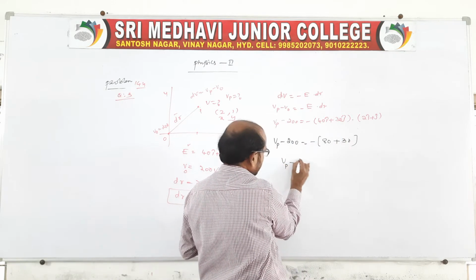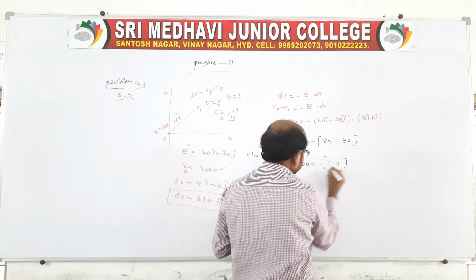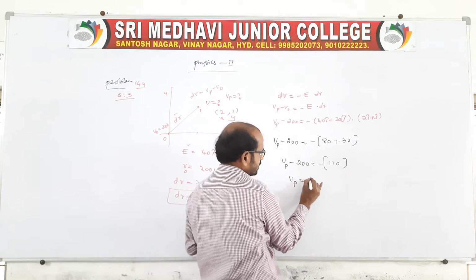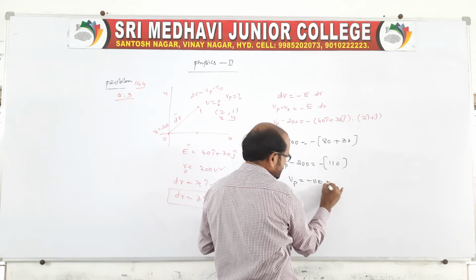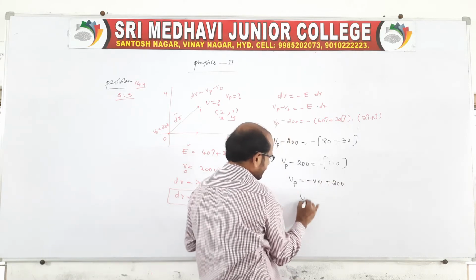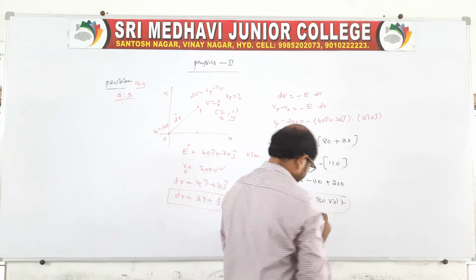So Vp minus 200 is equal to minus 110. So Vp is equal to minus 110 plus 200, that is Vp is equal to 90 volt at point P.